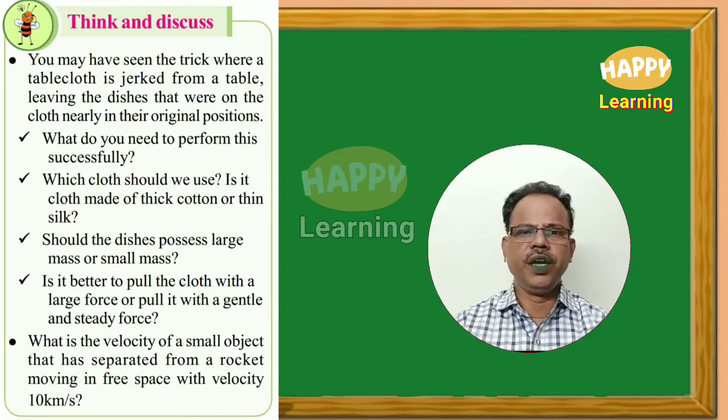What do you need to perform this successfully? Which cloth should we use? Is it a cloth made of thick cotton or thin silk? Should the dishes possess large mass or small mass? Is it better to pull the cloth with a large force or pull it with a gentle and steady force?